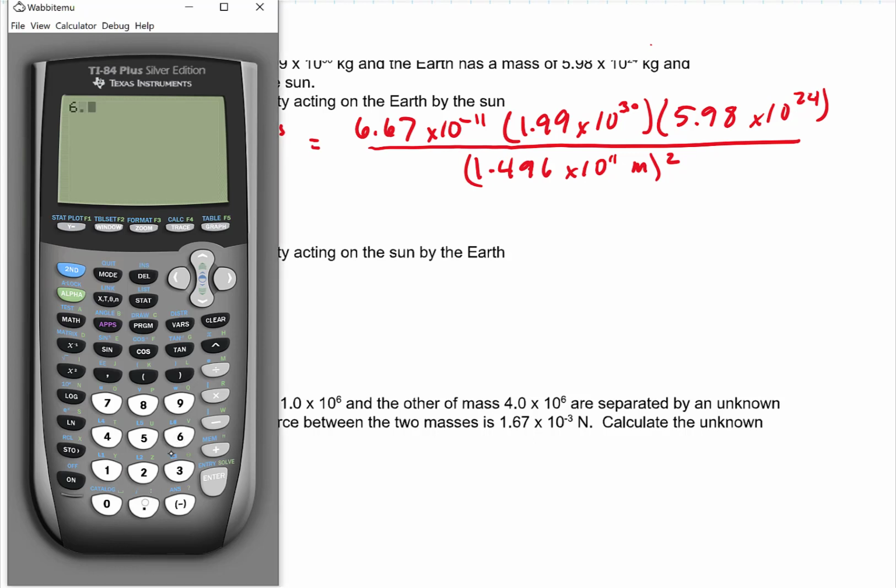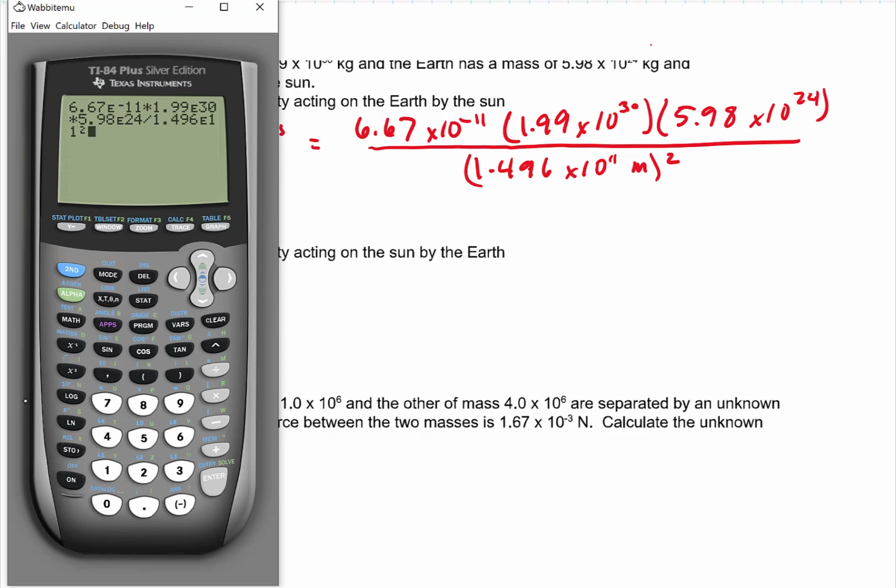So 6.67, and then we're going to do second comma, that gives a little e, negative 11 times 1.99 second comma, so e, 30 times 5.98 second comma, the e button again, 24, that's the Earth, divided by 1.496 second comma 11, and since it's treating it like one number, I can do squared.